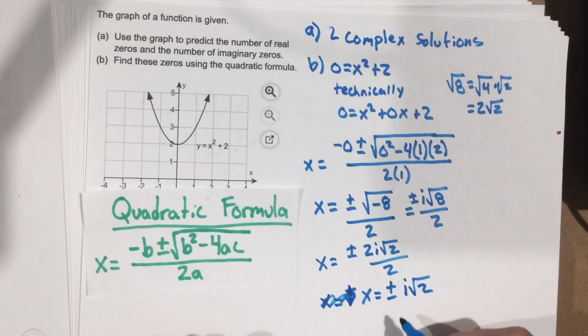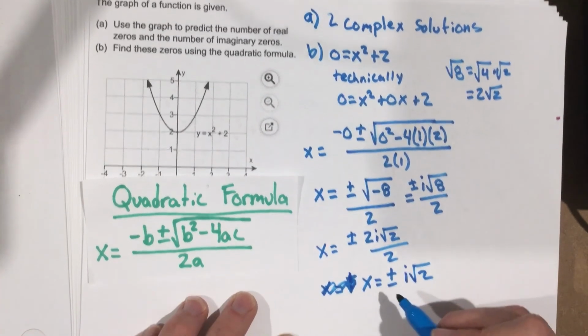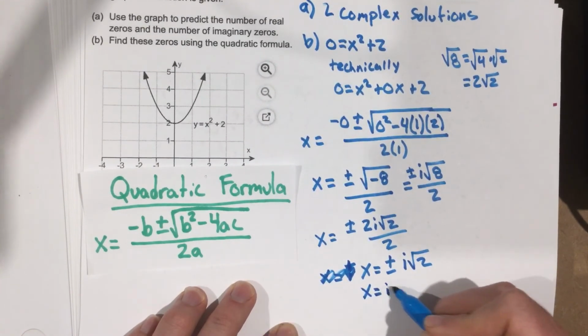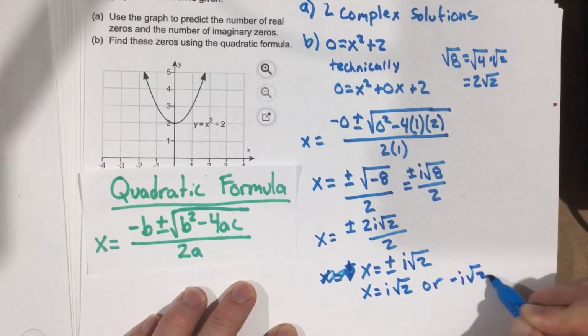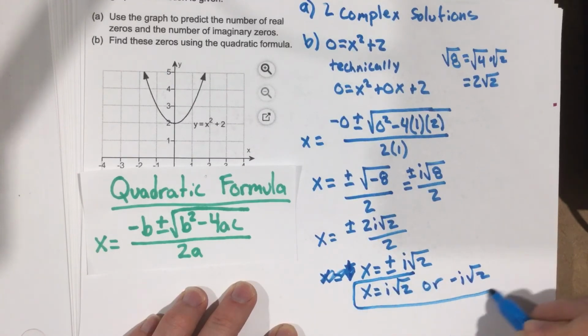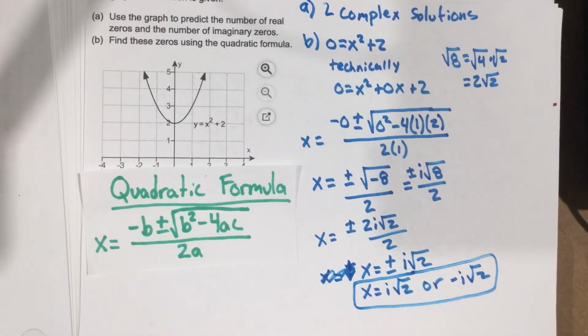So then you can just say that this is x equals i root 2 or negative i root 2. And those are the two complex solutions for this problem. Hope that makes sense how we went through it and evaluated it.